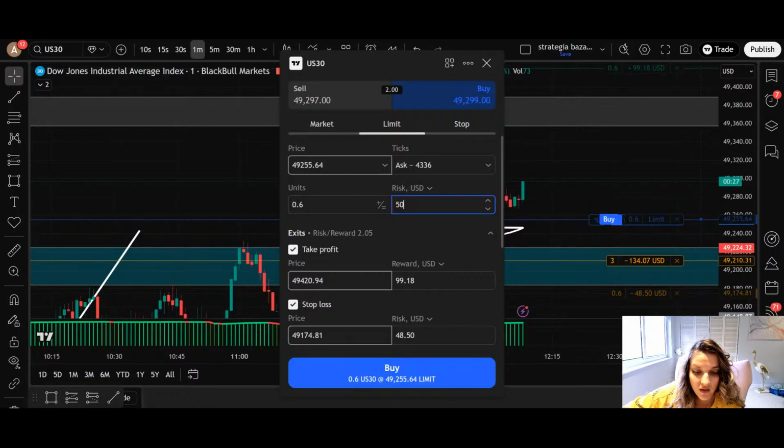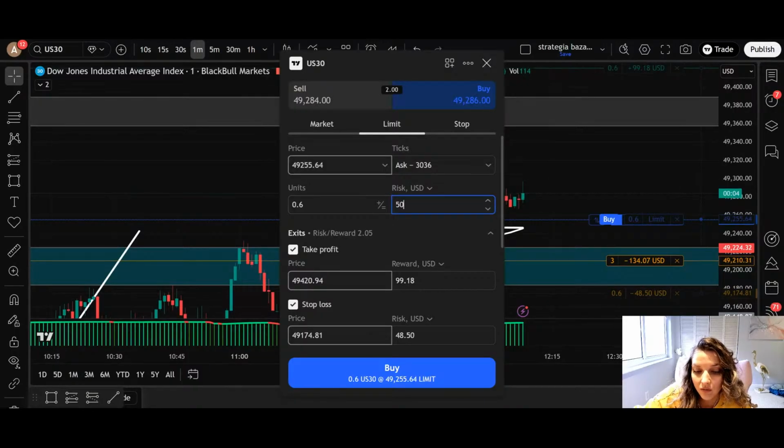And then they tell you the size, 0.6 unit. But you have to see what's the lot in the platform. Because if one lot is, how many? If one lot is one US30, you put 0.6, not one lot.